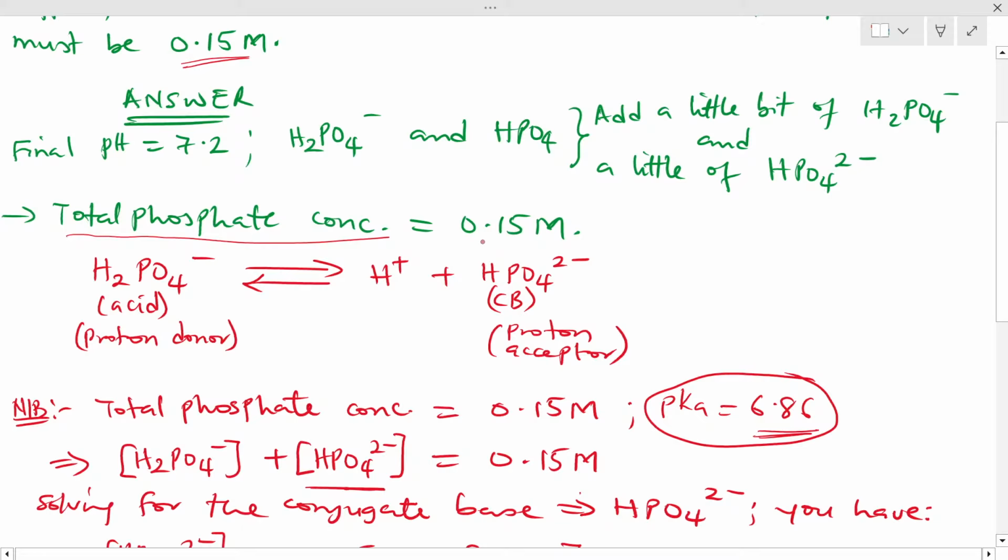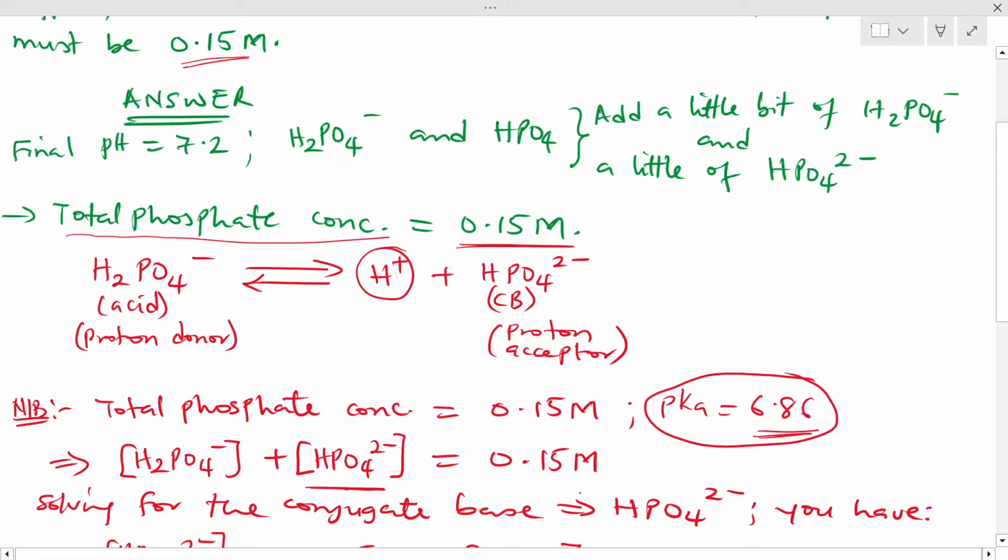and from the question that total phosphate concentration is 0.15 molar, or 0.15 moles per liter. If you bring out this reaction, this is the acid giving off what? This proton right here, and it forms what? The conjugate base, which is your proton acceptor.